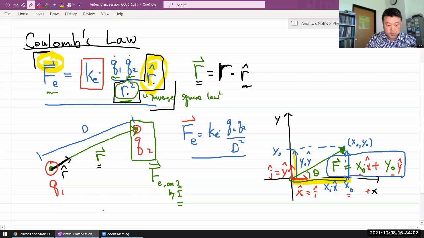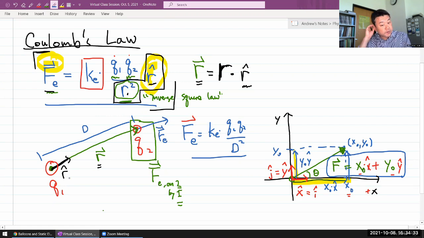Considering this charge Q2, if I have charges Q1 and Q2 and they're both positive, then I should have an electric force that points in the direction of R hat. All these coefficients are positive. So the force on Q2 looks like that, in the direction that's repulsive, away from Q1.